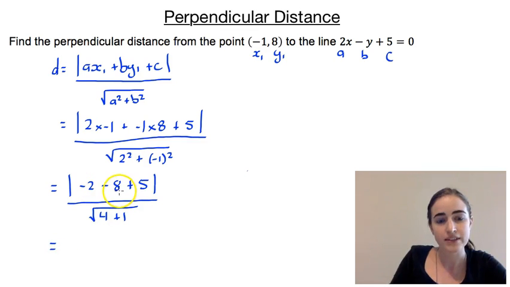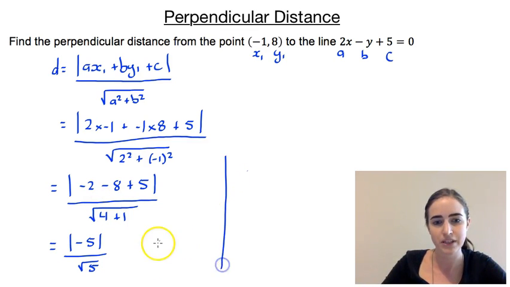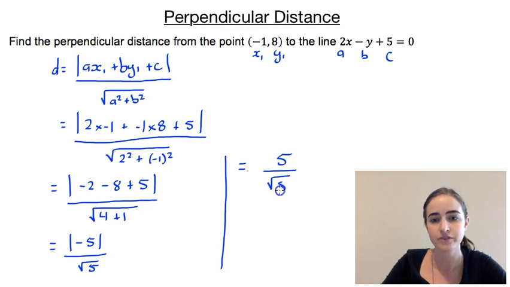Now minus 2 minus 8 would give us a minus 10. So plus 5, that would give us a minus 5 over the square root of 5. I'm just going to bring that back over up here. So the absolute value of minus 5 is just 5. So we've got 5 over root 5.